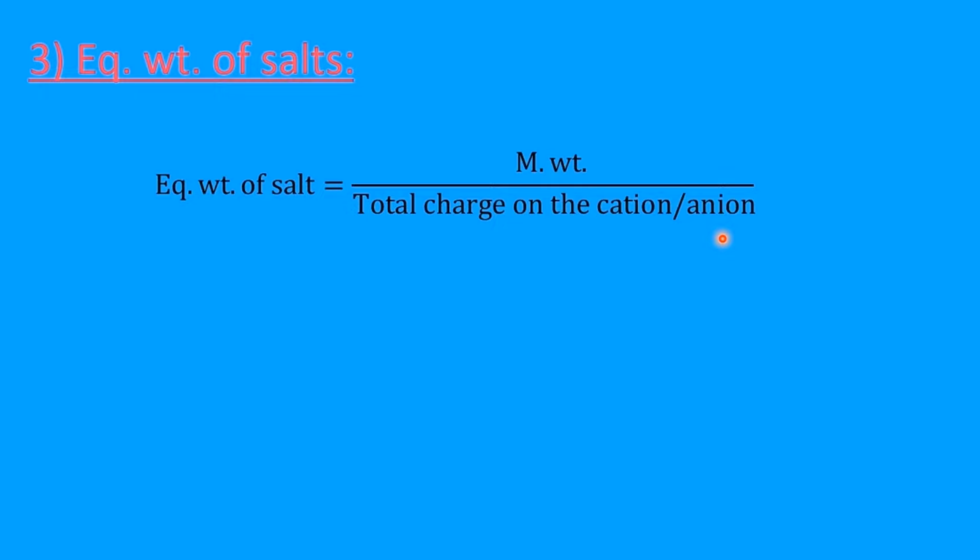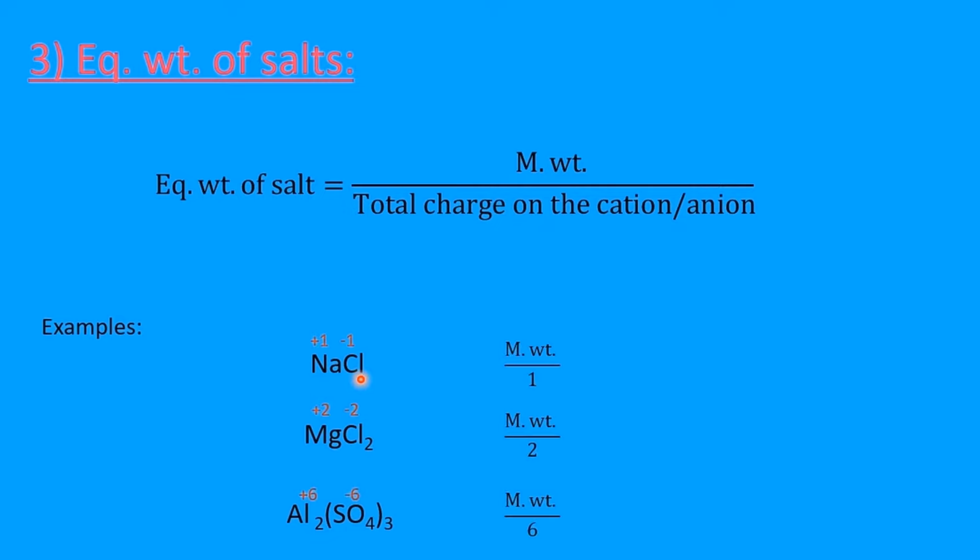I will give you some examples. Example 1, NaCl. What are the charges here? Na plus 1, Cl minus 1. Both will be equal in the case of salt. In the case of radicals, it may be different. This is a salt, so the positive part is equal to the negative part. So what is it? 1.